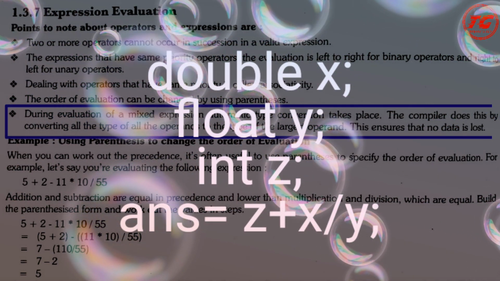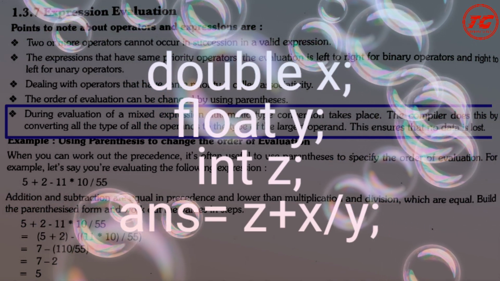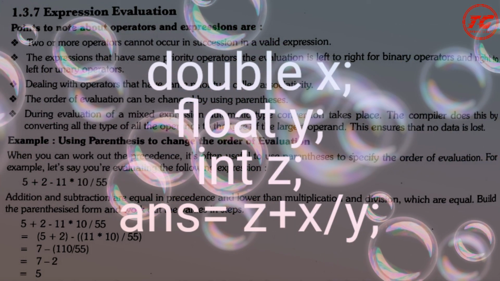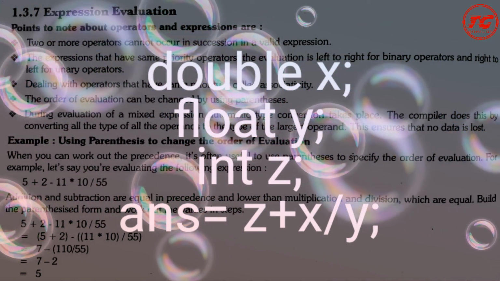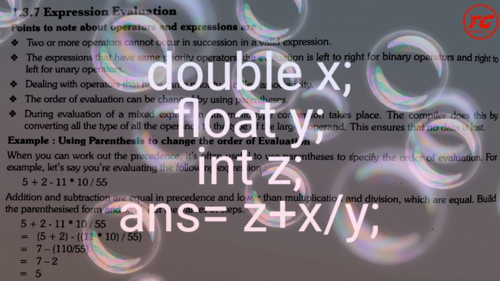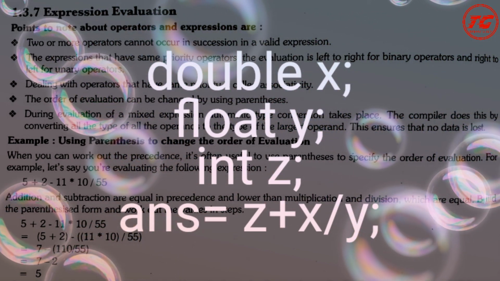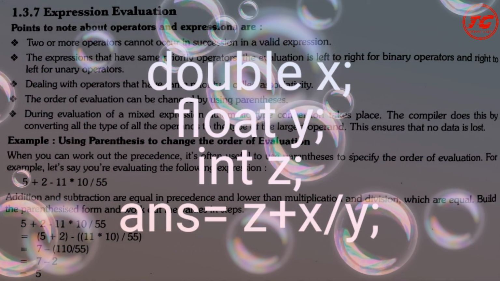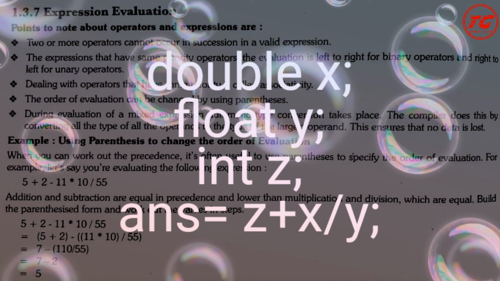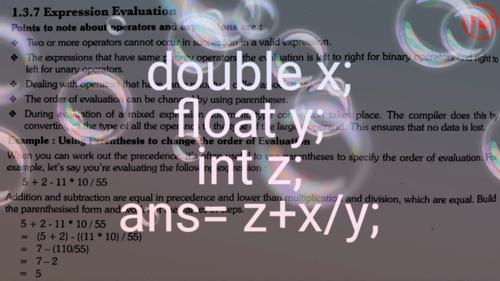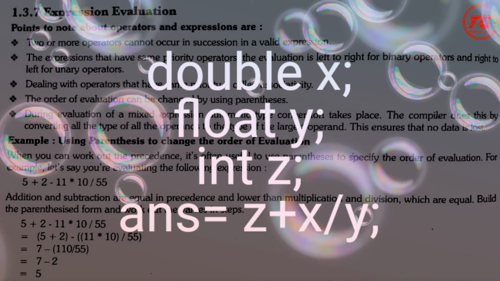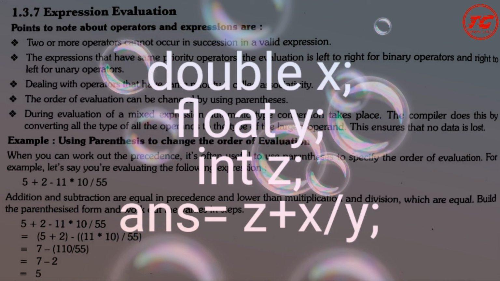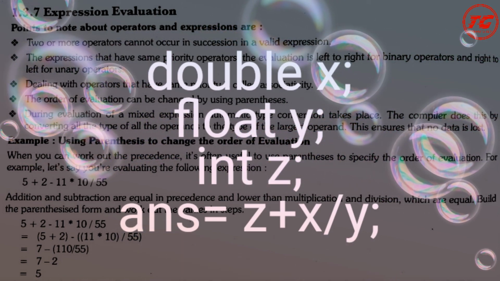Firstly x will be divided by y. x is double and y is float, so the answer will be converted to double, because between double and float, double is the largest type. Then that double value will be added to z, which is an integer. After adding the integer, the type is again double, and the answer variable will have the double value.